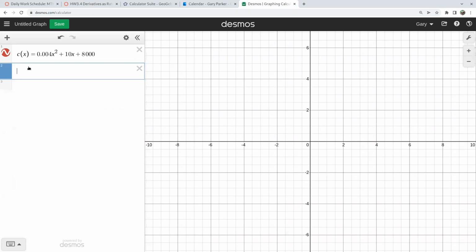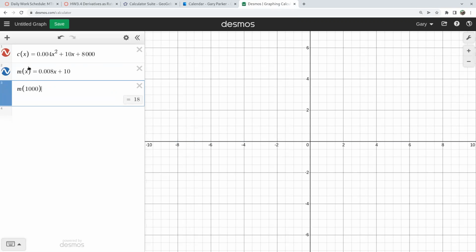And by hand, calculating with that is a little bit of work. Its derivative, let's call it m for margin, the marginal cost we just calculated, is 0.008x plus 10. A little easier to work with. So the instantaneous rate of change at 1,000 units is just m of 1,000.